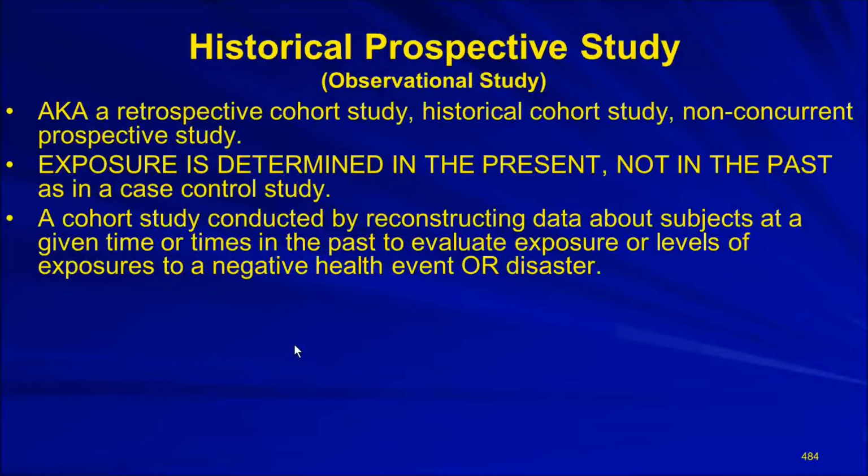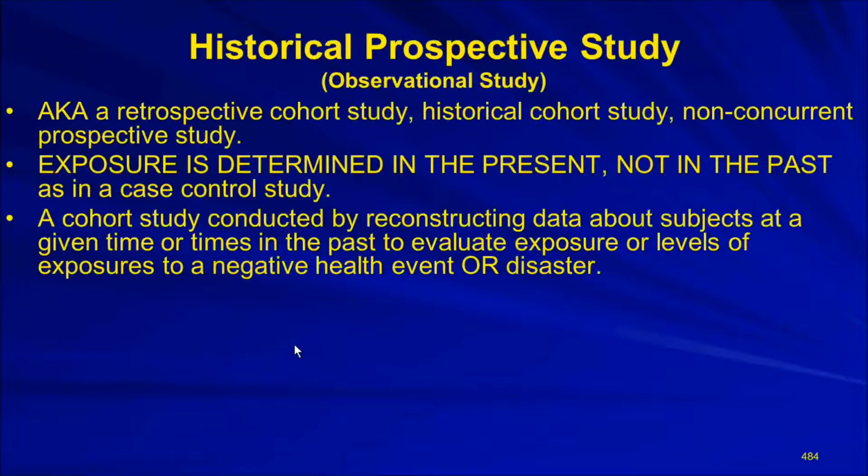A historical cohort study is conducted by reconstructing data about subjects at a given time or times in the past to evaluate exposure or levels of exposure to a negative health event or disaster.